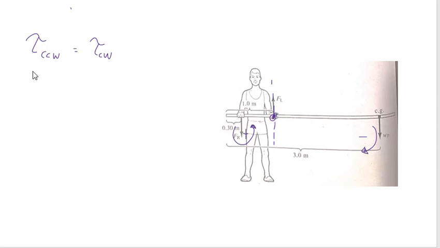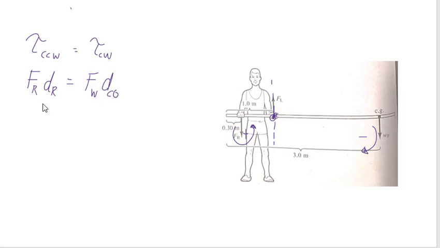So for the counterclockwise, we have Fr, the force exerted by the man at the right, and then the distance, or the lever arm, which is equivalent to the torque clockwise. That is the weight of the pole, and then the distance of the center of gravity.